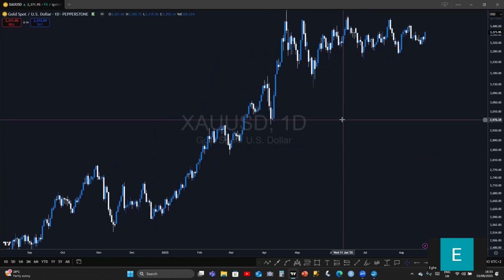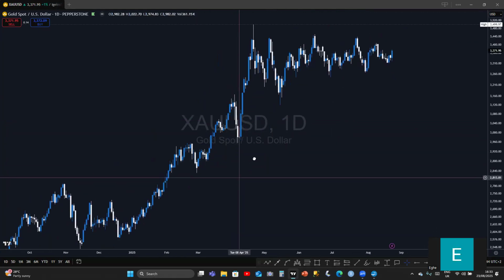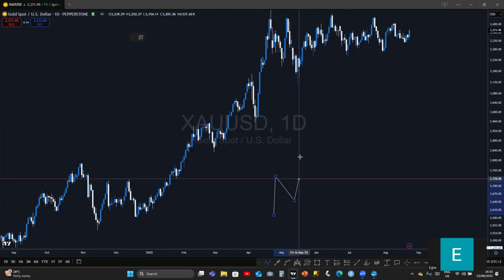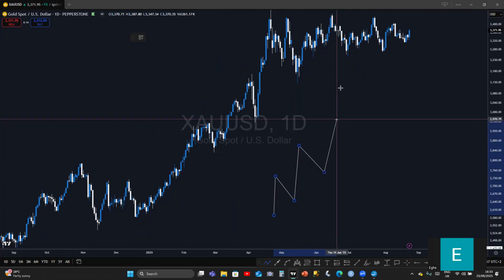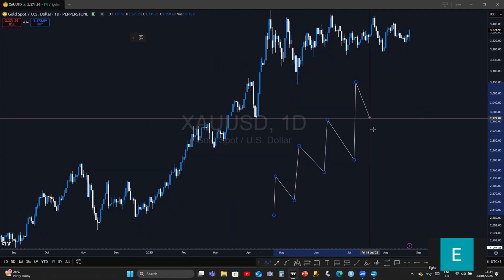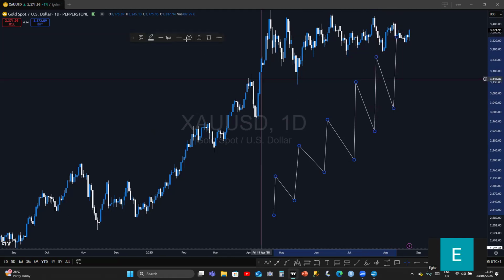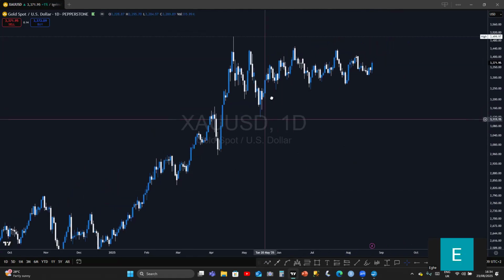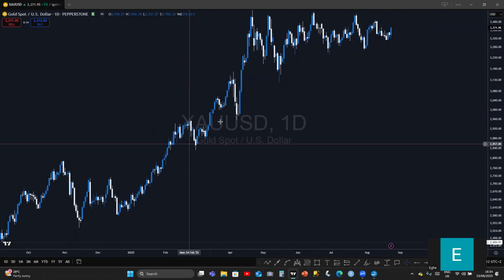But when we say a trend is bullish, just like what I showed you just now, we are simply saying that it's pushing in one direction. That means it's going up. It's creating a high, a low, a high, a low, a high, and a low. That is the characteristic of a bullish trend.